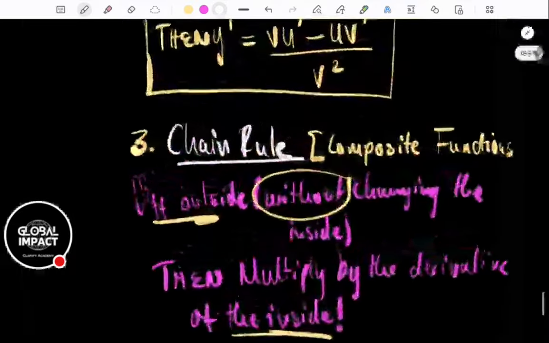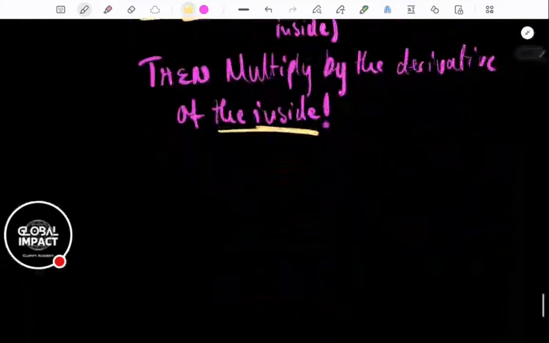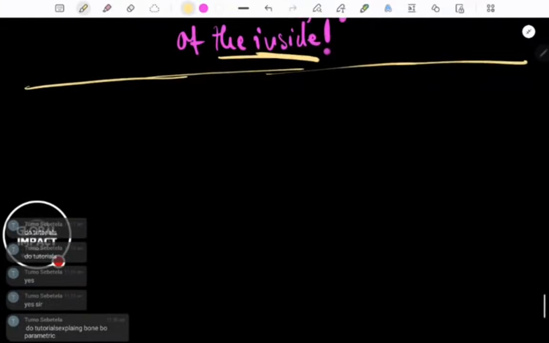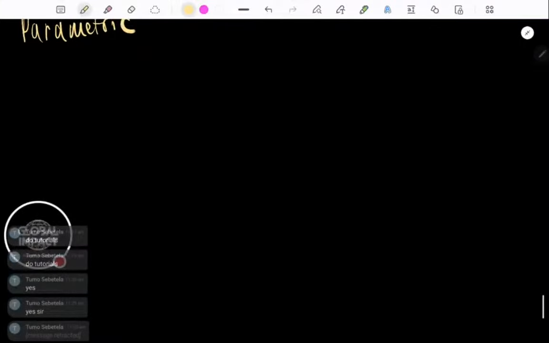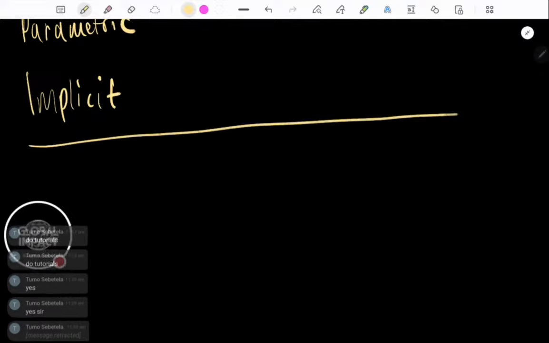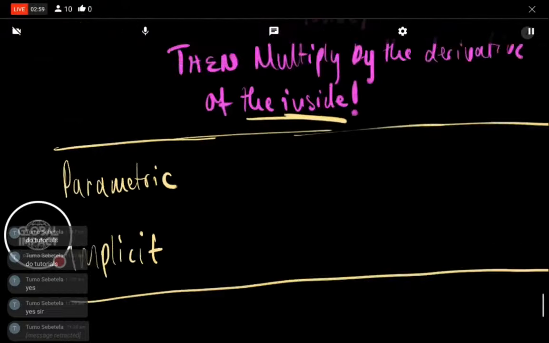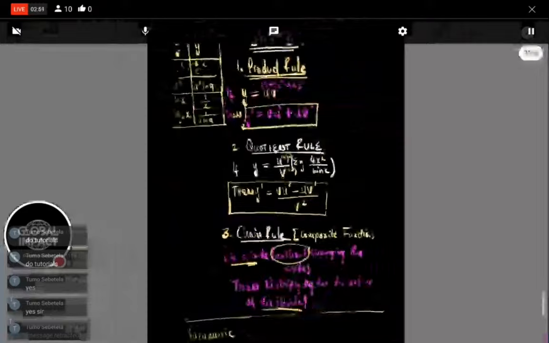All right. Now we have 2 more things to know. For you to say you're done with differentiation, you will need to know parametric and implicit. Let's go to the tutorial questions. These are the last 2 things, and you now have the whole of differentiation. The rest is not differentiation, it's application. So this is differentiation. Let me scroll up.